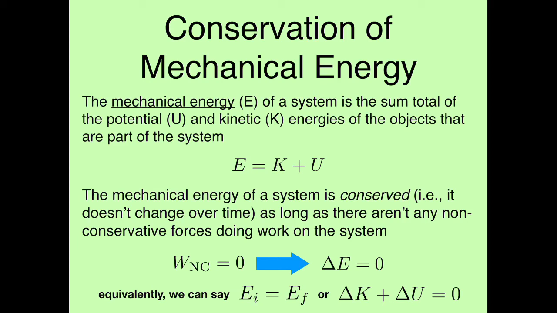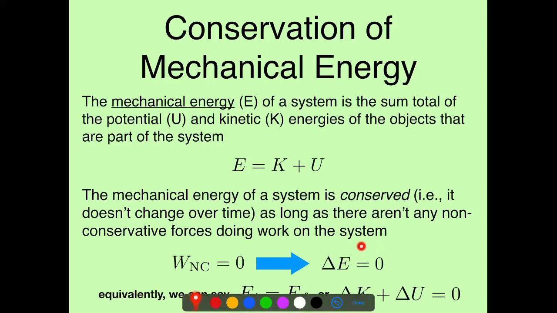So there are different ways we can come up with an equation that says mechanical energy is conserved. A really simple way to say it is delta E is equal to 0. Okay, another way to say it is E initial is equal to E final. So if you compare the value at some initial time and some final time, it will stay the same. Or we can say delta K plus delta U is equal to 0.